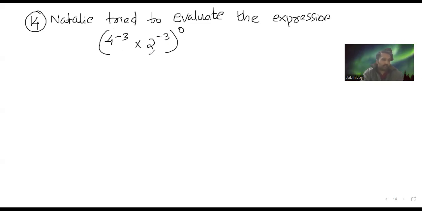Okay, so she is evaluating this expression. So these are the steps.